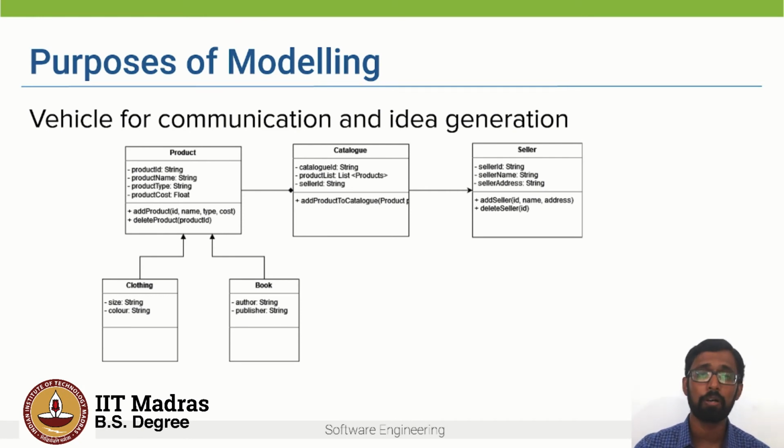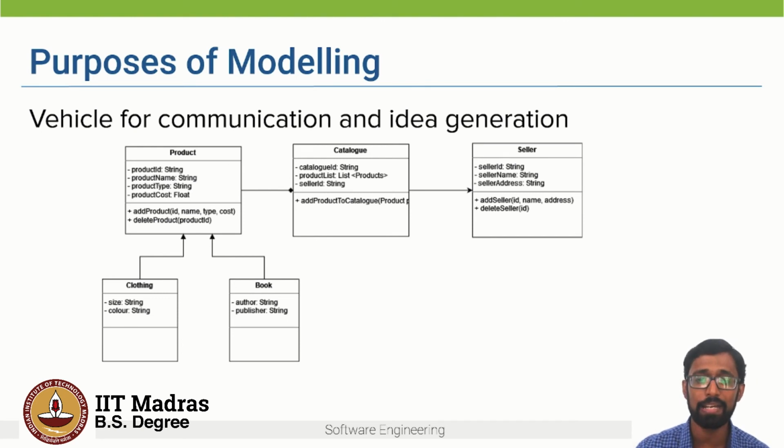So one important purpose of modeling is that it serves as a vehicle for communication and idea generation, right? And this is one of the most common uses of UML diagrams. When we want to discuss the key ideas of the software with other members of the team, these high-level UML models, such as class diagrams and sequence diagrams, can be used. All details won't be specified, and it's most likely not needed at the start, right?